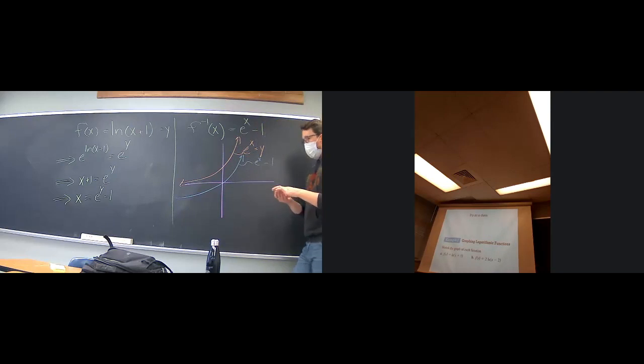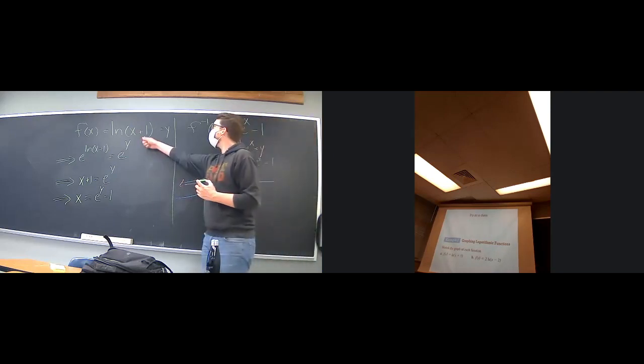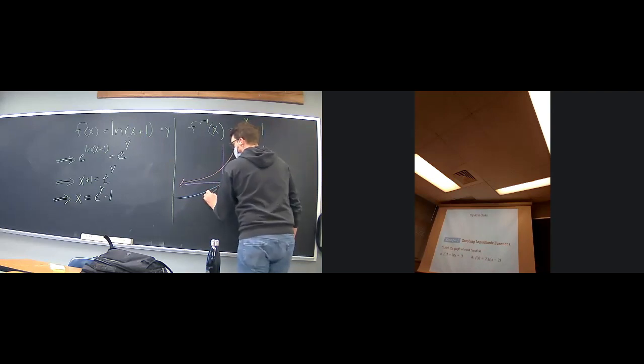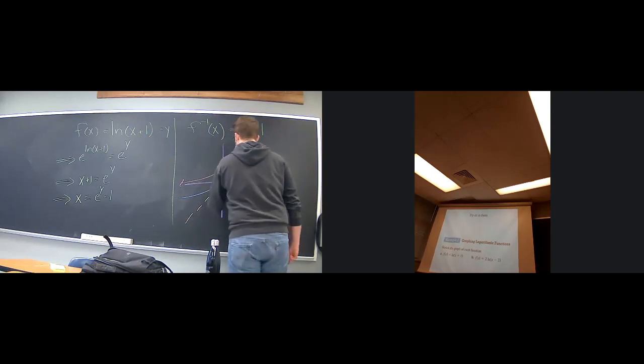Now, we want the graph of this, which is going to be the reflection of blue across the line x equal to y. So let's put x equal to y here.